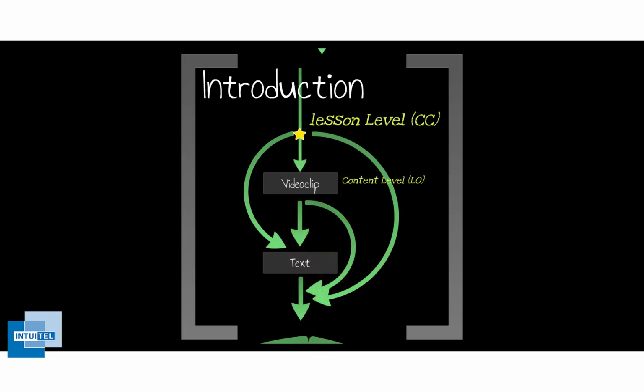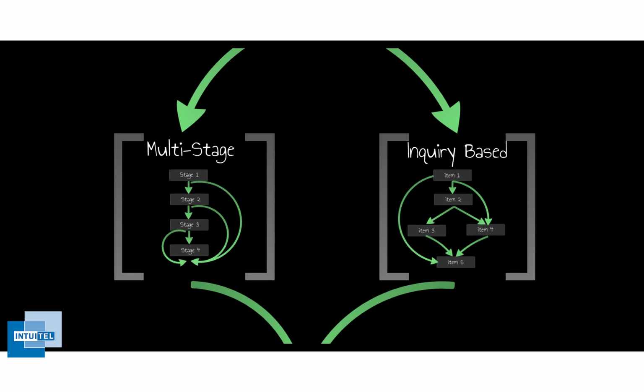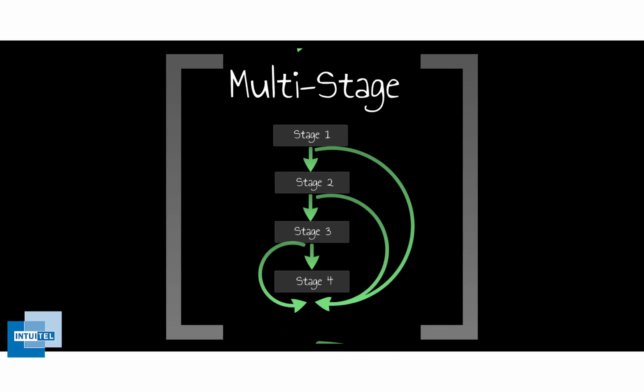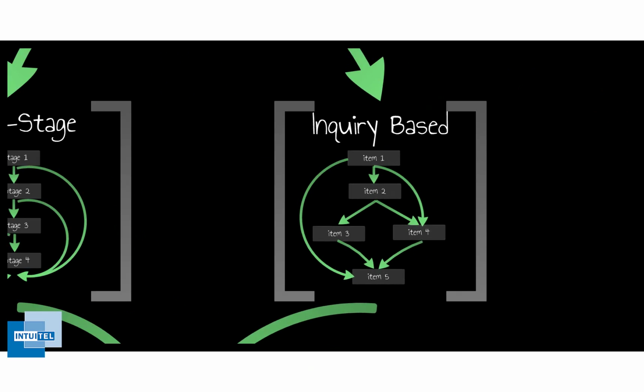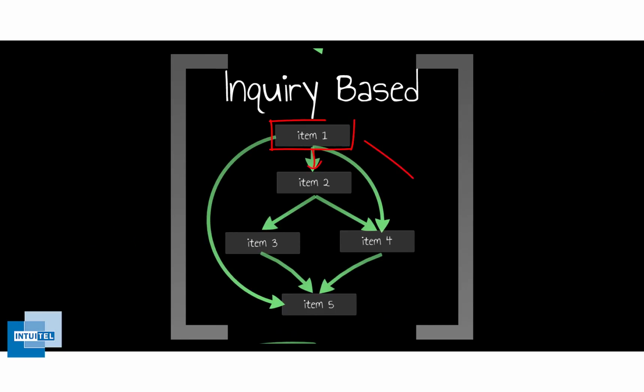Then, on the macro level, the learner may be asked if he wants to do the next lesson by multi-stage or inquiry-based learning. Then, the guidance continues on the micro level of the chosen lesson.